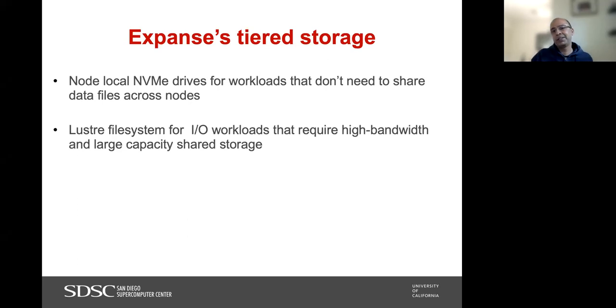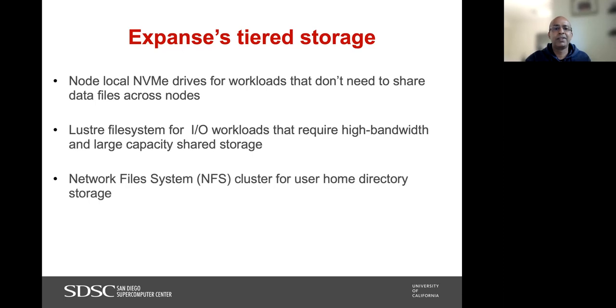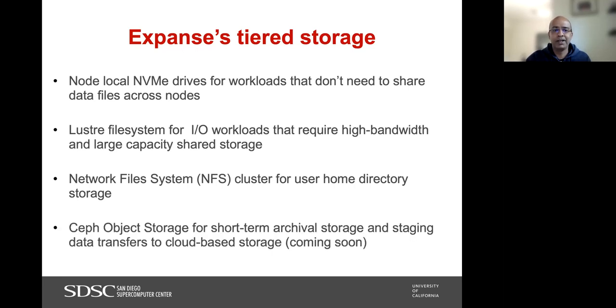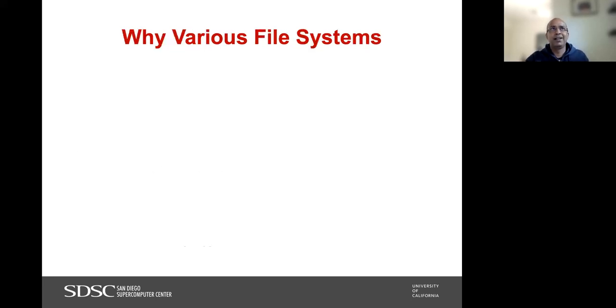There is a parallel file system, which is shared across all the nodes, both compute and GPU nodes. There is a network file system, which is specifically used for users' home directory. And we also have the Ceph Object Store, which is coming soon, but it's in the works. So there are four file systems that I listed, but apart from that, you can also have your main memory.